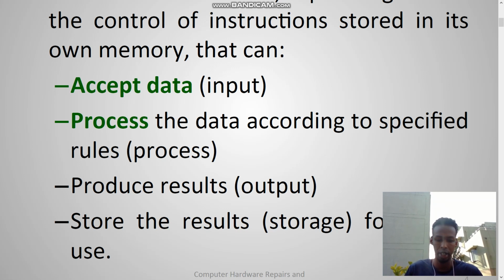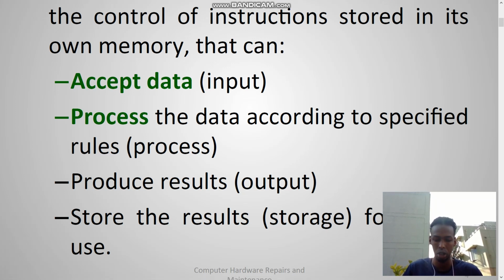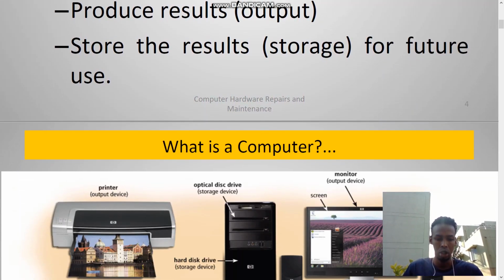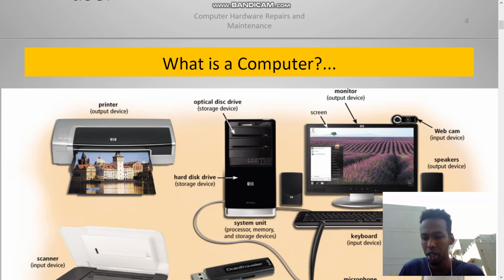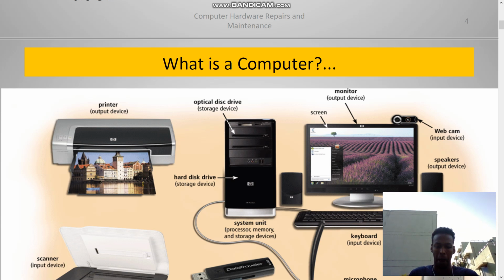So it stores the result as storage for future use. These are the components of the computer. This is the printer device, the optical device, hard drive and monitor, webcam, speakers.